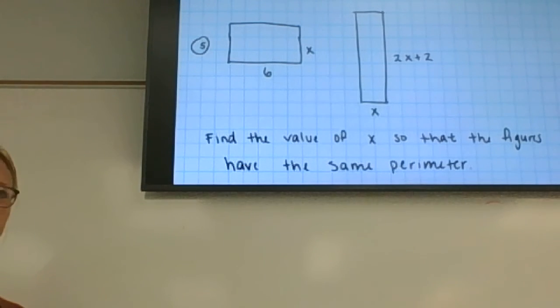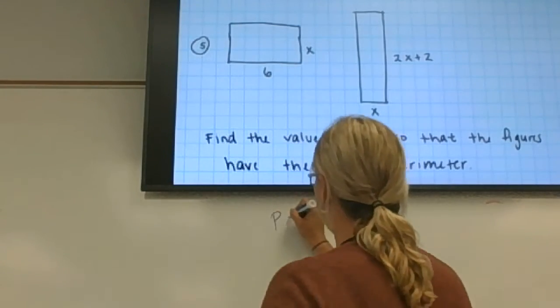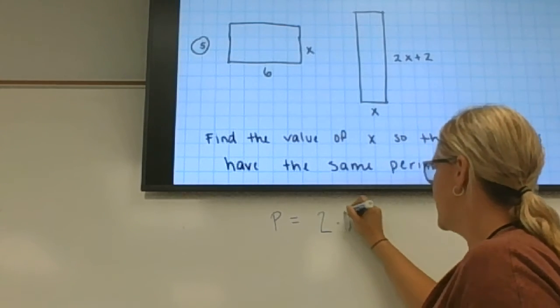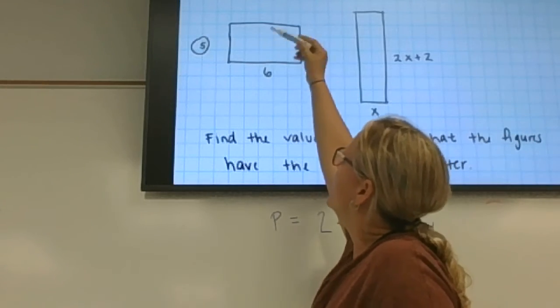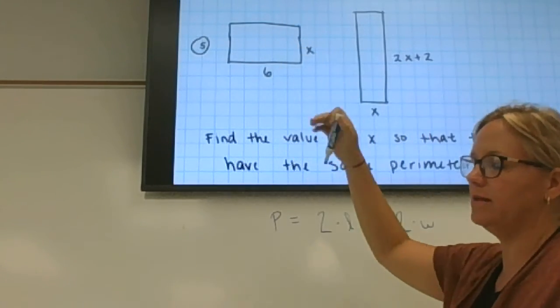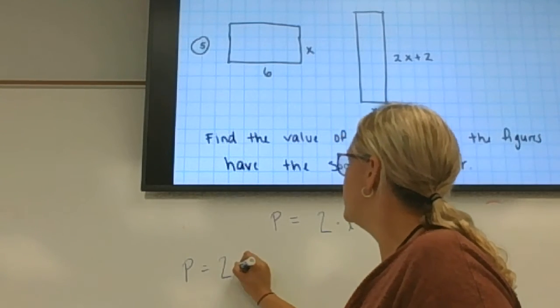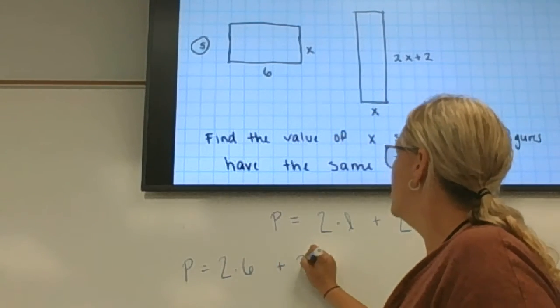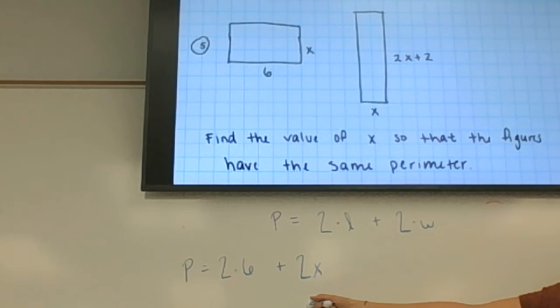Okay, so perimeter is 2 times the length plus 2 times the width, because you got your length, your length, your width, your width, so you have to add them all up. So the perimeter of the right side is 2 times 6 plus 2 times x. Everybody agree with that? This represents the perimeter of the left rectangle.